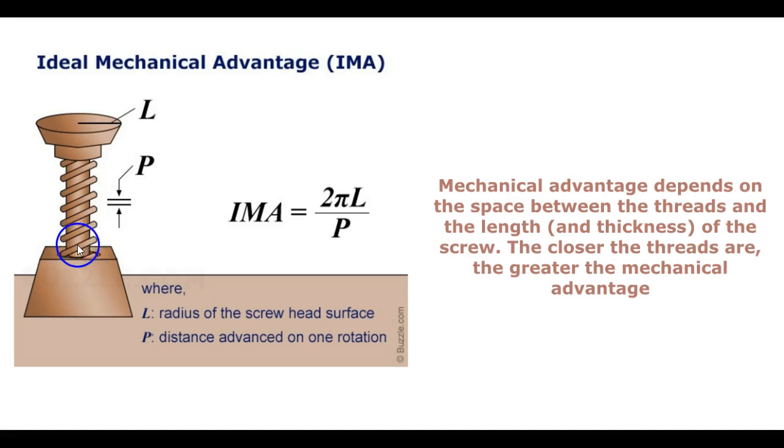So when this screw turns around one time and it goes from this thread to that thread, that's one rotation, which is our pitch or our distance. So then we just plug our numbers in. It's going to be 2 times pi times L, the length of the radius of the screw head, divided by our pitch, or the distance of one rotation.